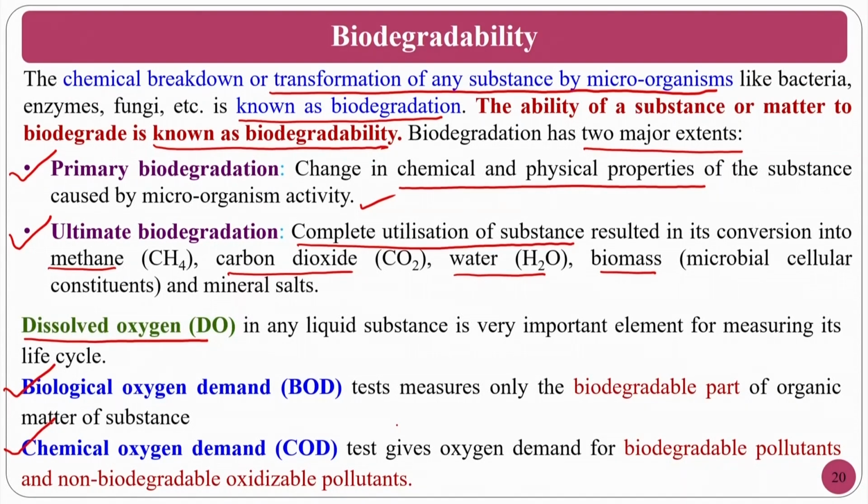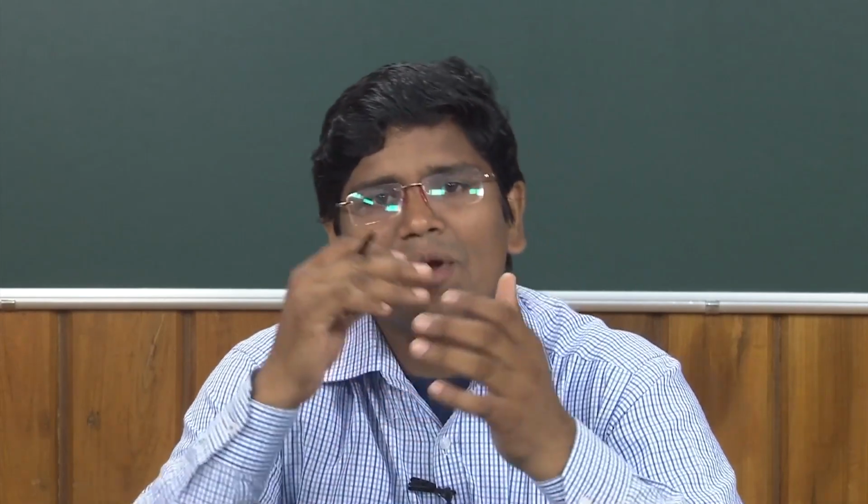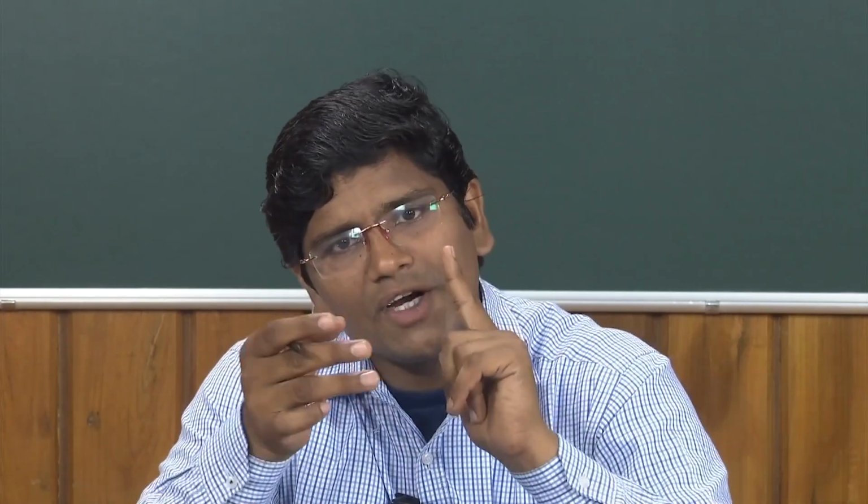Biological oxygen demand measures the oxygen required for degrading the biological part, and chemical oxygen demand means the oxygen required for degrading both the biodegradable and non-biodegradable material. How the non-biodegradable?